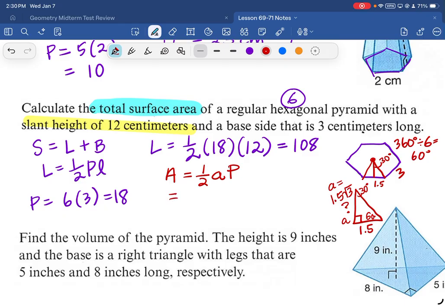So here we go. 1/2 times 1.5 root 3, and then the perimeter we said was 18. 3 times 6, right? Okay, punch that in your calculator.